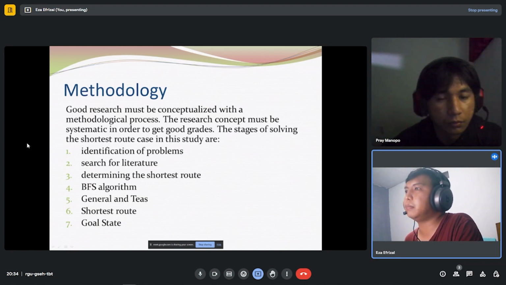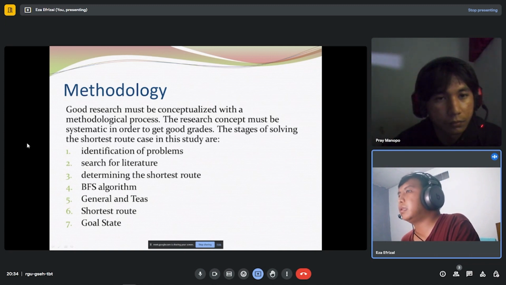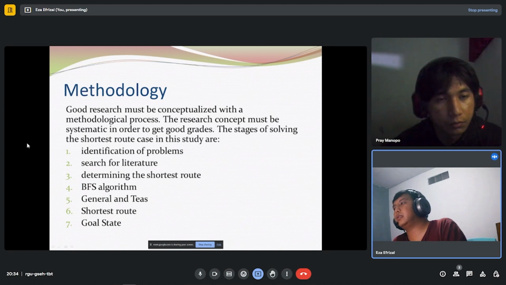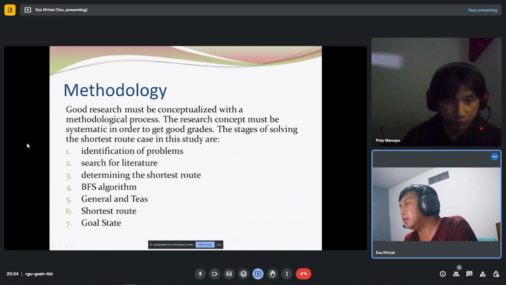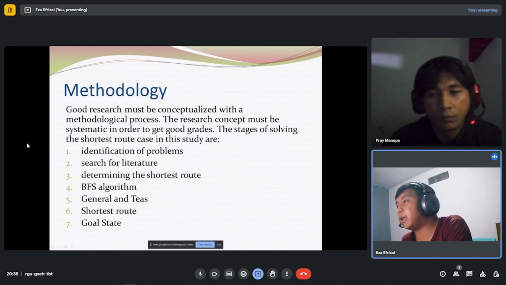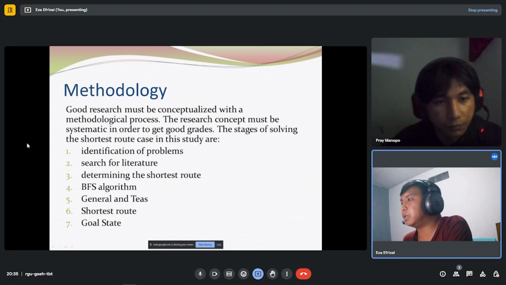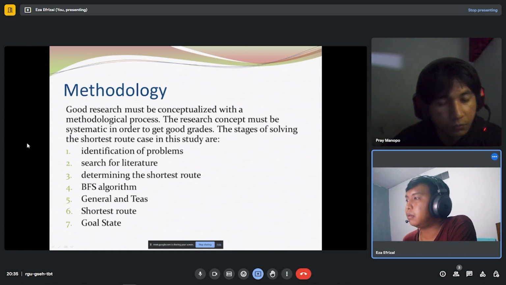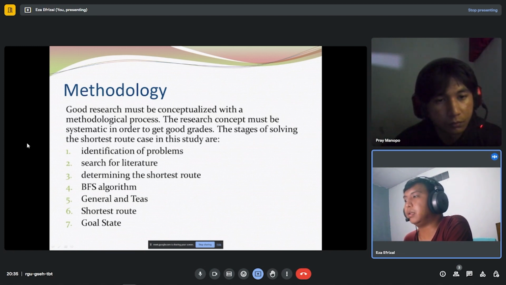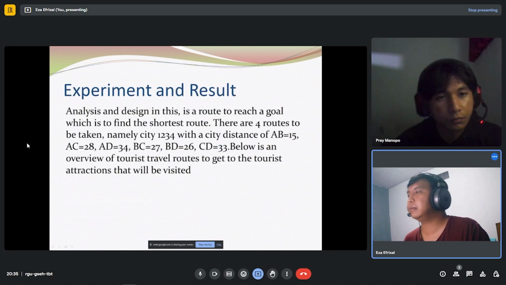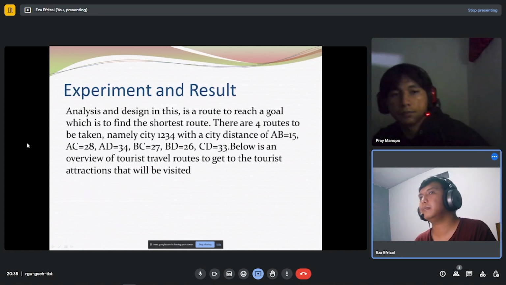The research concept must be systematic in order to get good results. The steps of solving the shortest route in this study are identification of the problem, then searching for literature, determining the shortest route, the BFS algorithm, generate and test, shortest route, and the last one is goal state.